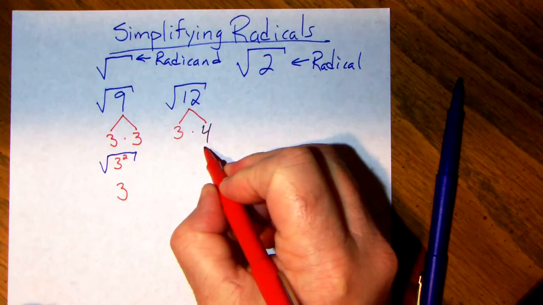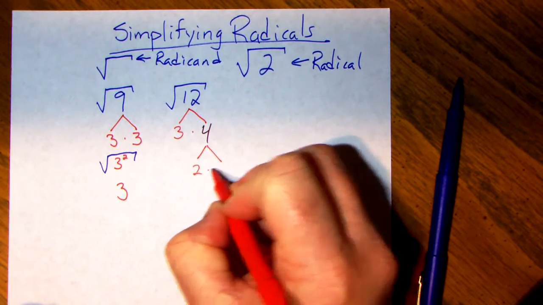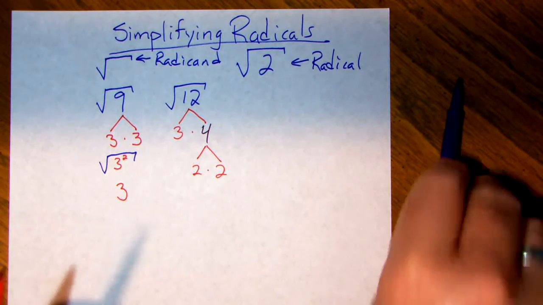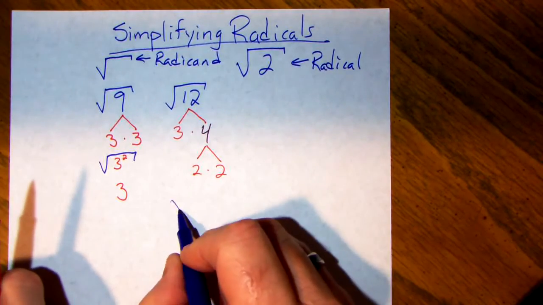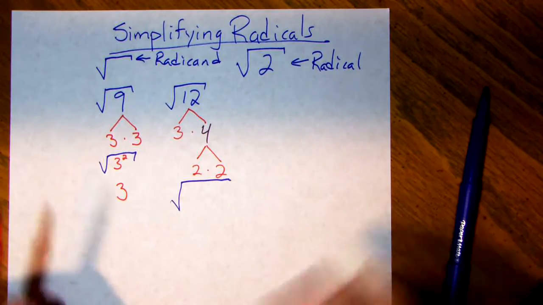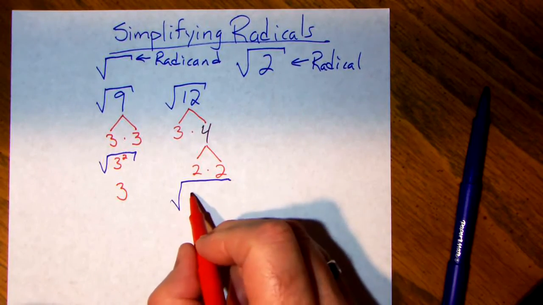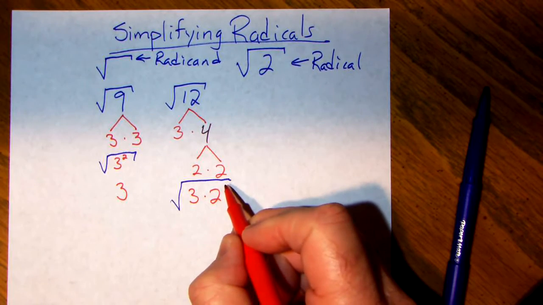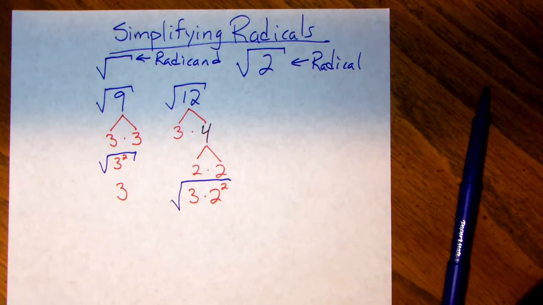What if we look at 4 as 2 times 2? So now we can reimagine that what we're seeing is the radicand of 3 times 2 times 2. Well, another way of writing 2 times 2 is 2 squared.